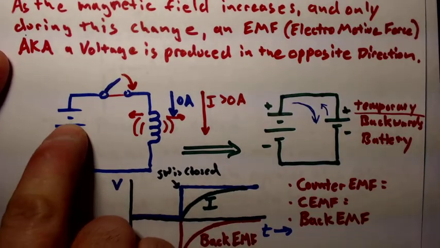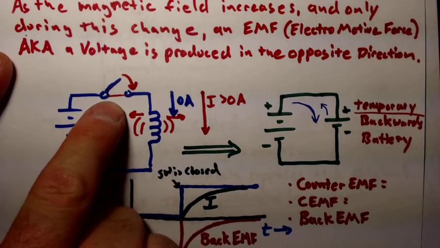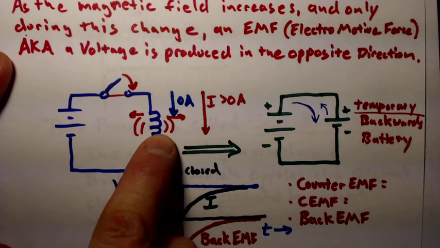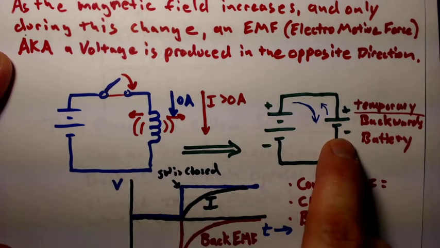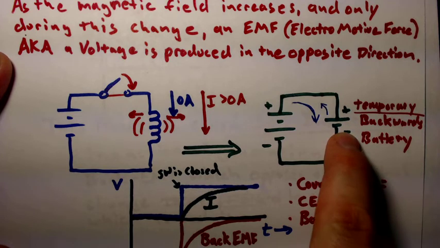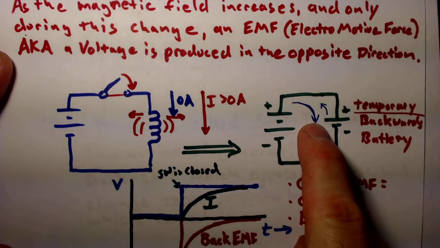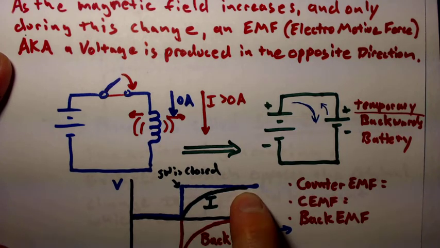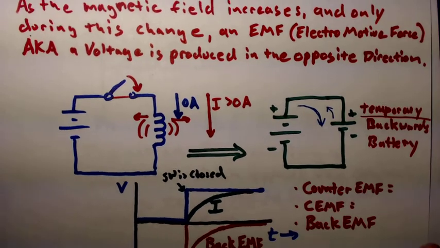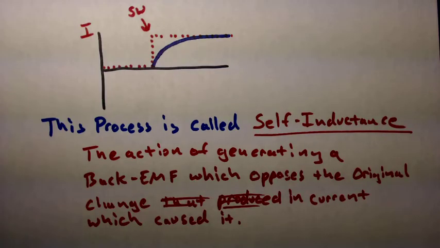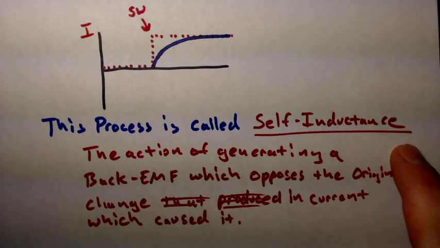We have a change that causes an expanding magnetic field, which creates a temporary backwards battery, aka back EMF. That back EMF opposes the original attempted flow of current and doesn't allow it to instantaneously rise. That whole sequence of events, that whole story, is self-inductance.